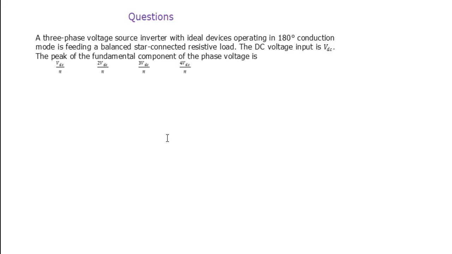Here we need to know the maximum value of the fundamental component of the phase voltage. To answer this question we need to know the operating mode or what configuration is given. It is given 180-degree conduction and it is given star connection.